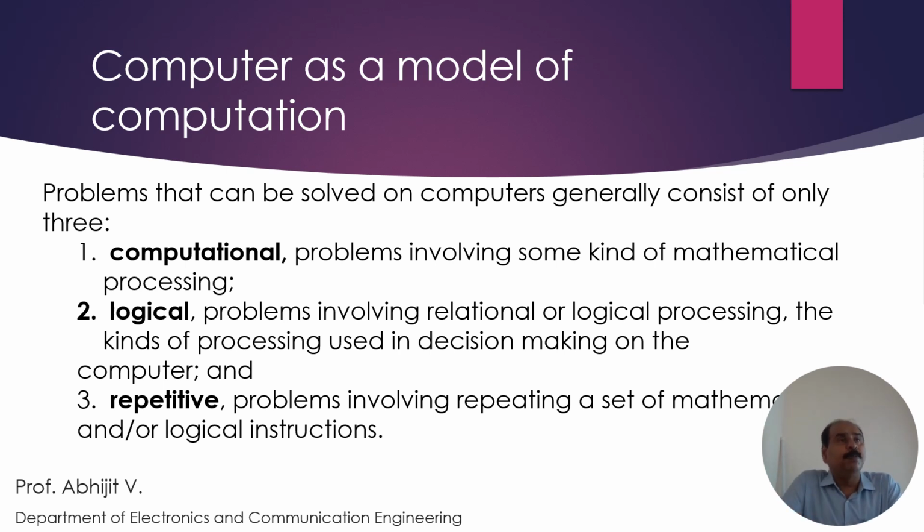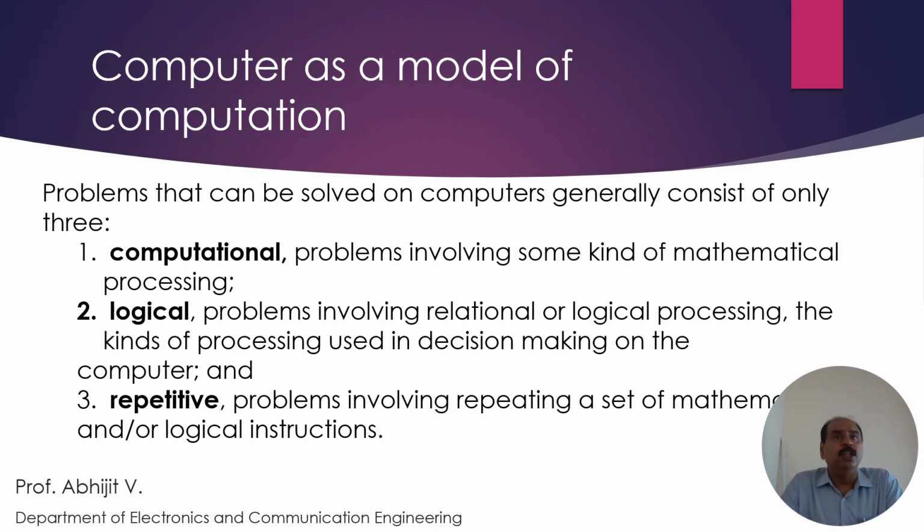The second type, logical. It involves logical processing where we need to do certain things by making certain logical decisions. As we go on, we'll be studying about logical circuits, and so many other kinds of real-time requirements for computing.